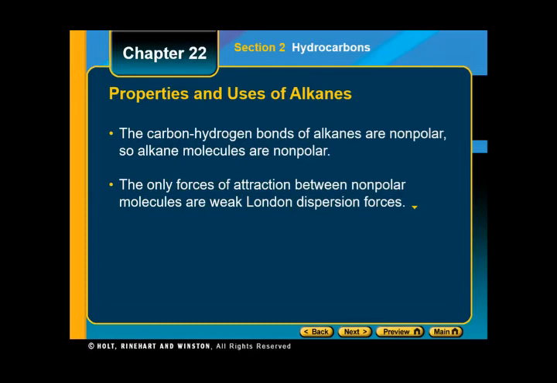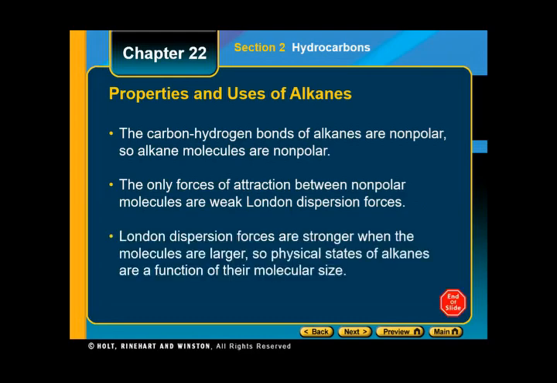So they make a partial negative charge and a partial positive charge. This London dispersion force is weak between the non-polar molecules, so it's weak between the alkane molecules.